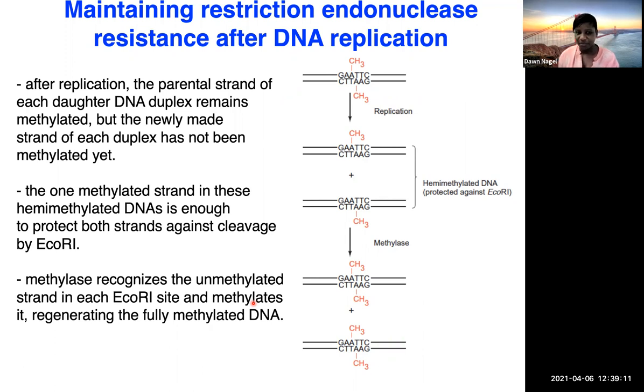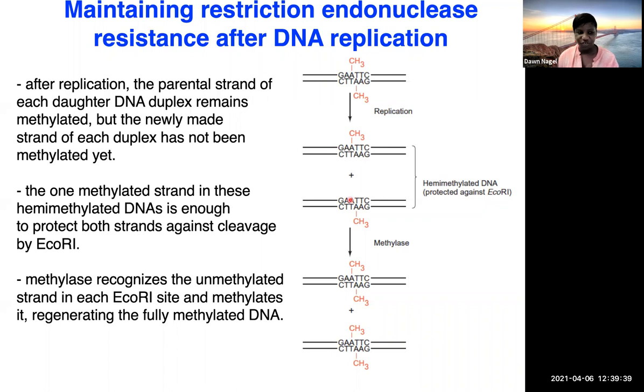Whenever the DNA replicates, you have a double-stranded DNA, and those 2 strands will separate, and a new daughter strand will be synthesized, and that's the one at the bottom that you're seeing here. The top strand, which is the parental strand, the original strand, has methyl groups added to it. The new strand doesn't.